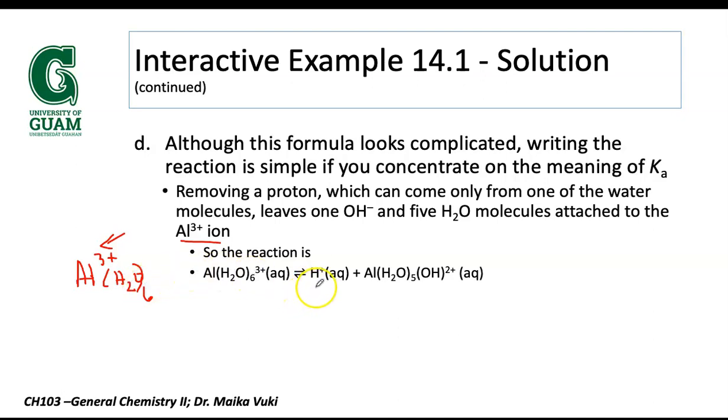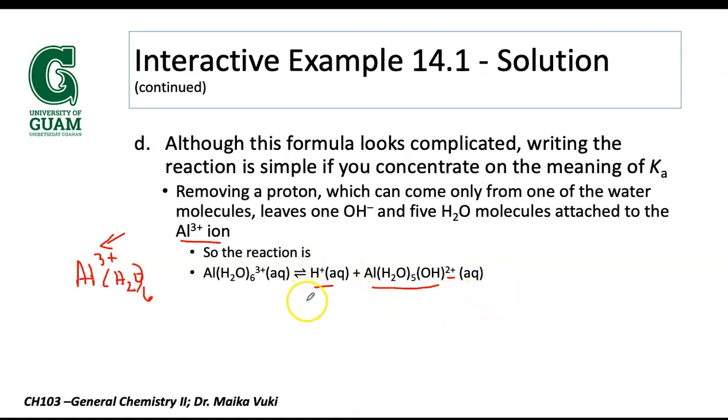That's exactly what you see here. One hydrogen comes off, so this whole entity is one hydrogen less. You'll be left with 5 complete waters and one with just OH-, but we don't say it's OH-. The reason is that there is still a 3+, so with the 1-, you'll be left with an overall charge of 2+.